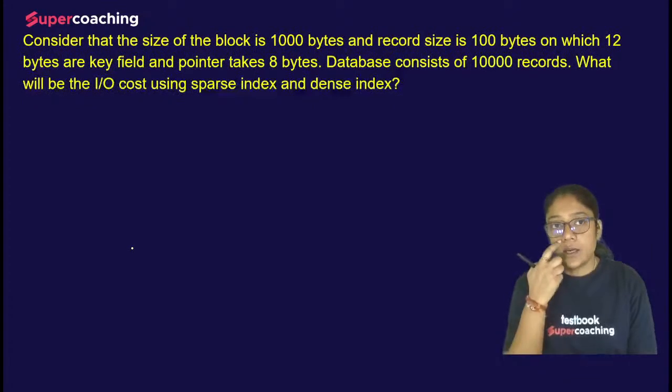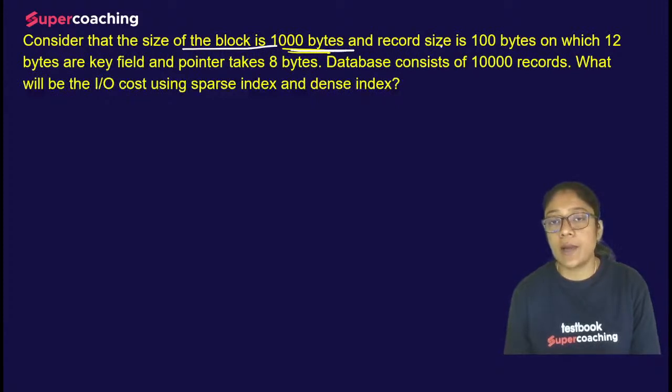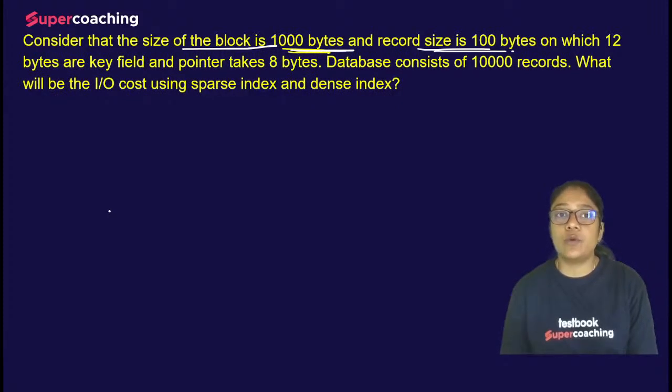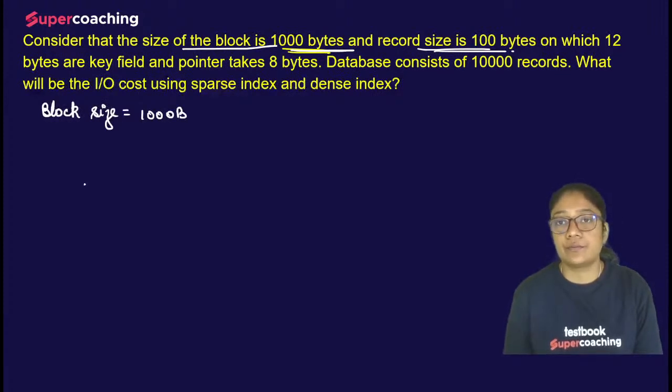Now let's consider one practice question. Consider that the size of the block is given as 1000 bytes and the record size is given as 100 bytes. So here let's take out the information. Block size is 1000 bytes.